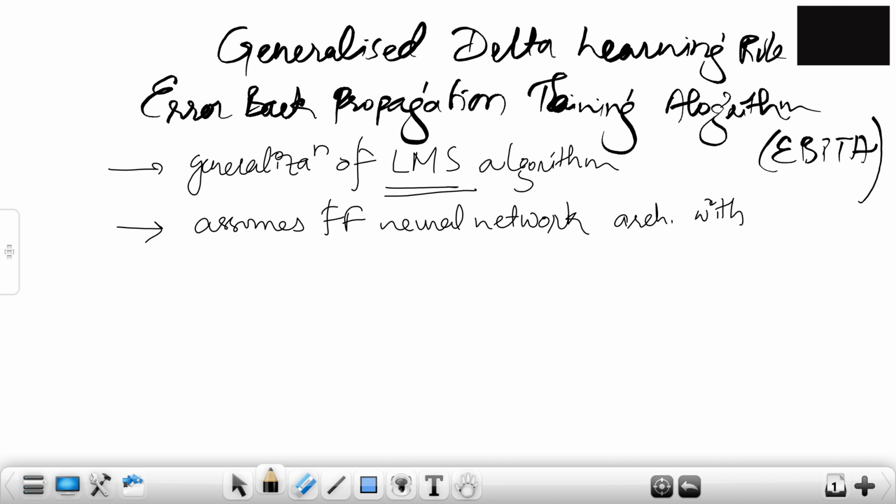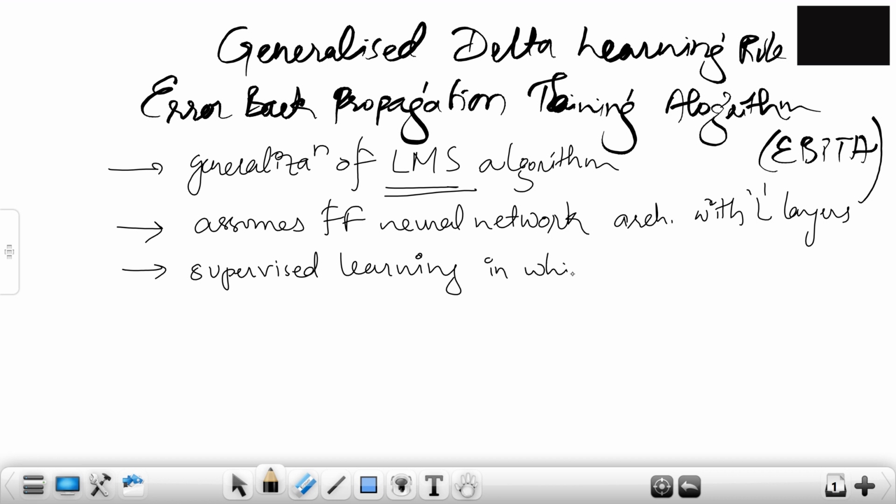Then it uses supervised learning, in which the network is trained.